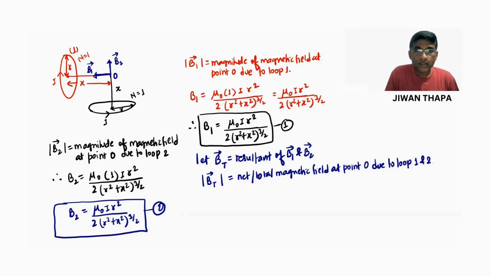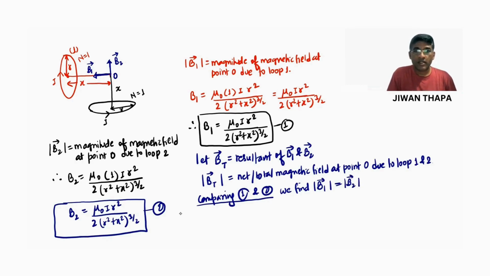And what we can see, comparing 1 and 2, we find the magnitude of B1 equals the magnitude of B2.